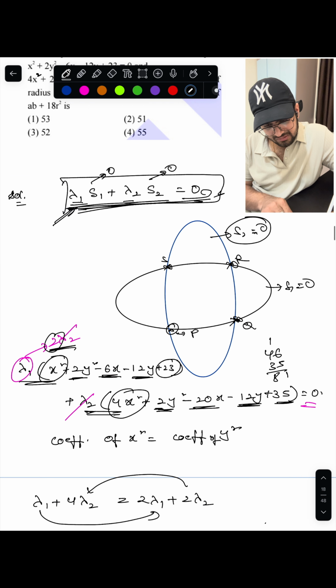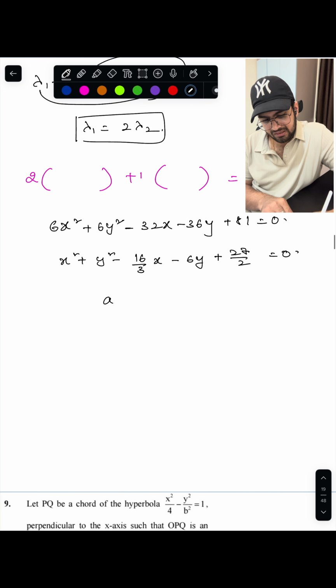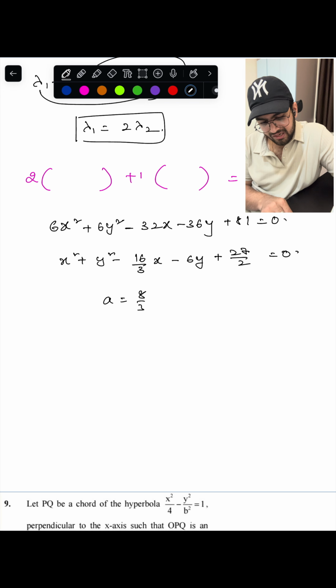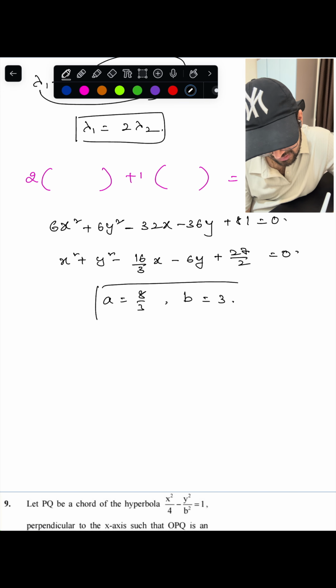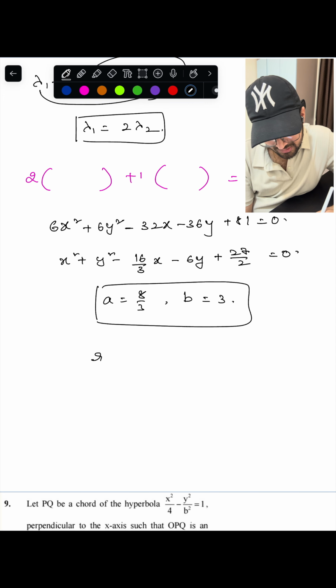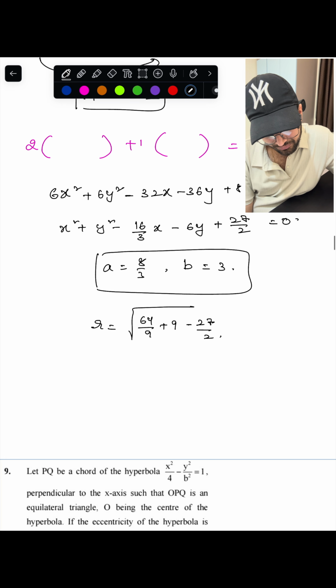Now the center is written as a comma b, right? So a is 8 by 3, minus g, minus f, we know that. So b is 3. Then next radius is root of g square plus f square minus c, that means 64 by 9 plus 9 minus 27 by 2.